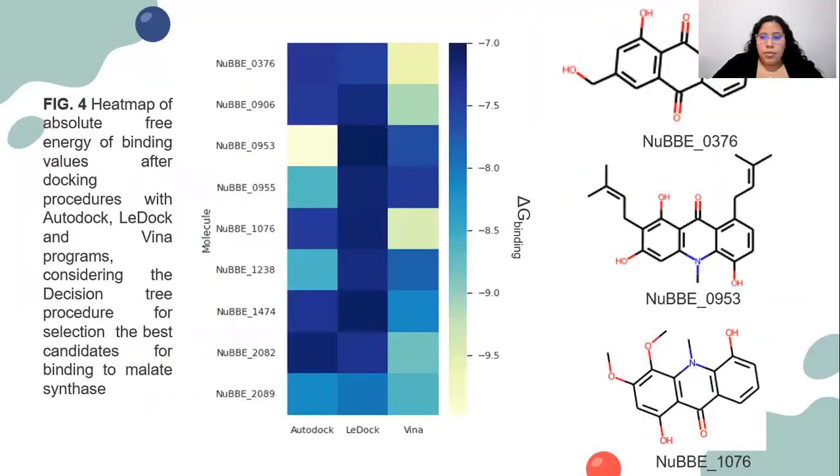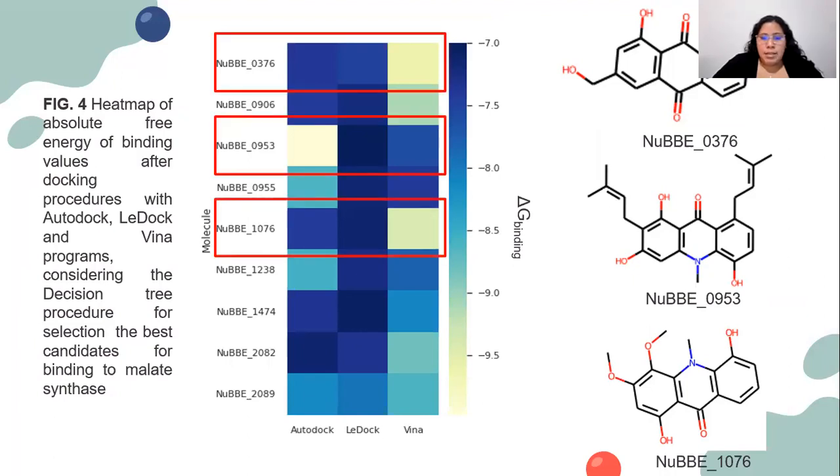The absolute free energy of binding heat map after docking procedures with AutoDock, LeDock, and BINA programs, considering decision tree procedures for selection of the best candidates for malate synthase binding, is observed in Figure 4. It shows us that NUV 376, NUV 953, and NUV 1076 are the best candidates for binding with the enzyme.